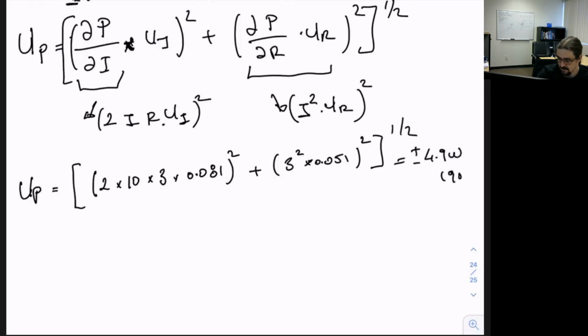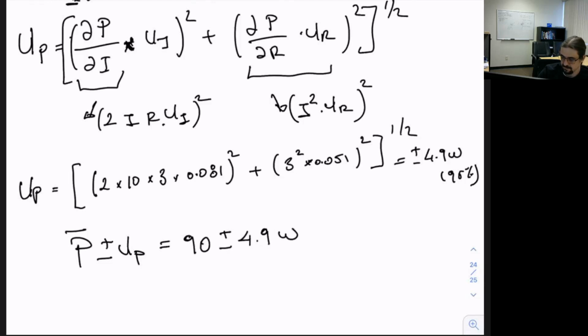That's at 95 percentile, and therefore my power measurement, plus or minus the uncertainty in power based on the measurements in the resistor and multimeter, is going to be 90 plus or minus 4.9 watts at 95 percentile. And basically, that's how you propagate your error from multiple sensors into one measurement.